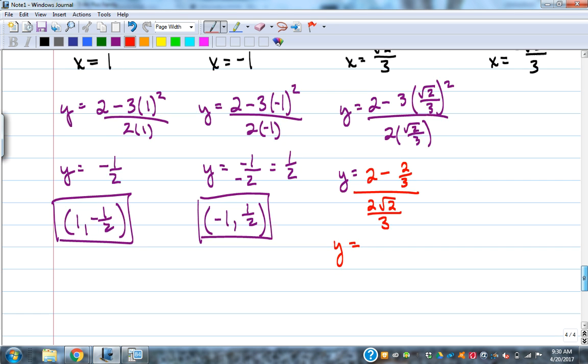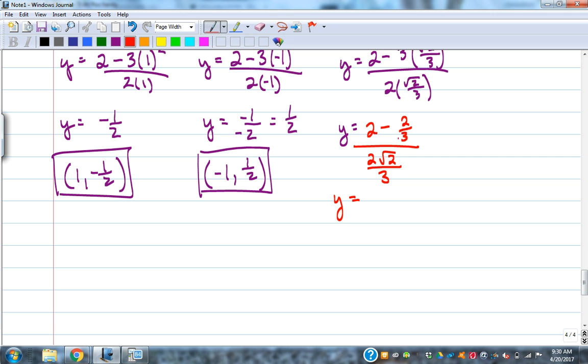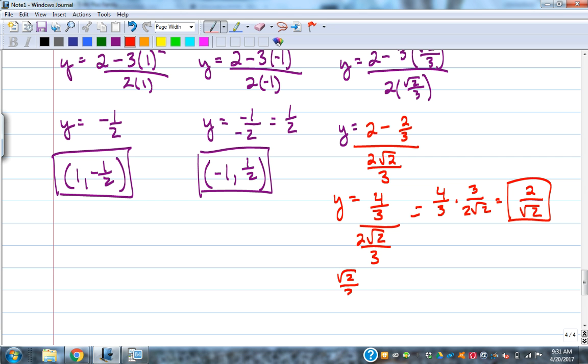And then 2 minus 2/3 would be 1 1/3, which would be 4 over 3, divided by 2 radical 2 over 3, which is the same thing as 4 over 3 times 3 over 2 radical 2. It would be 2 over square root of 2. So the ordered pair would be square root of 2 over 3, 2 over square root of 2.